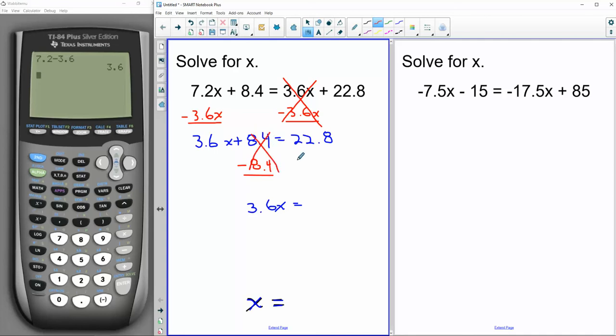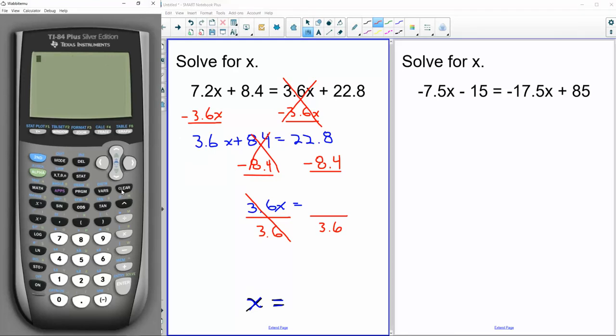But I would also have to do it over here. And then before I even do that, let's think about what we're going to do over here. To get rid of this 3.6, the opposite of multiplying by 3.6 is to divide by 3.6. So that would just leave me with the x. So whatever this result comes out to, I'm going to divide it by 3.6.